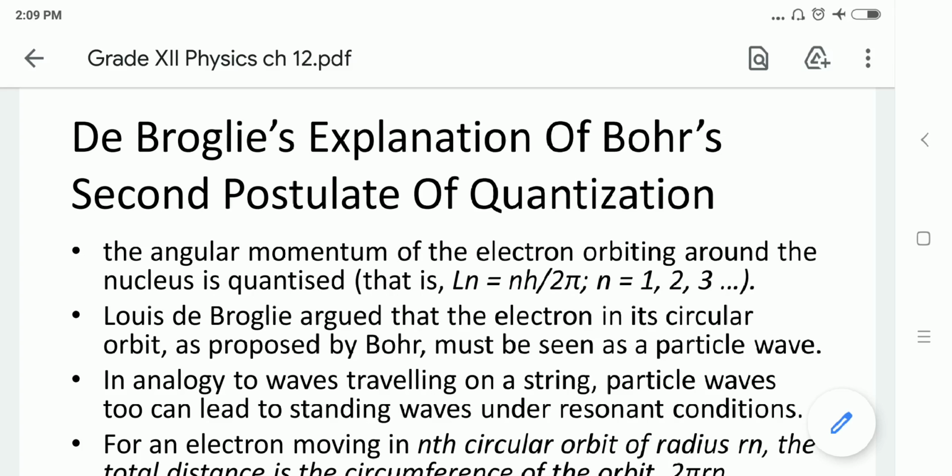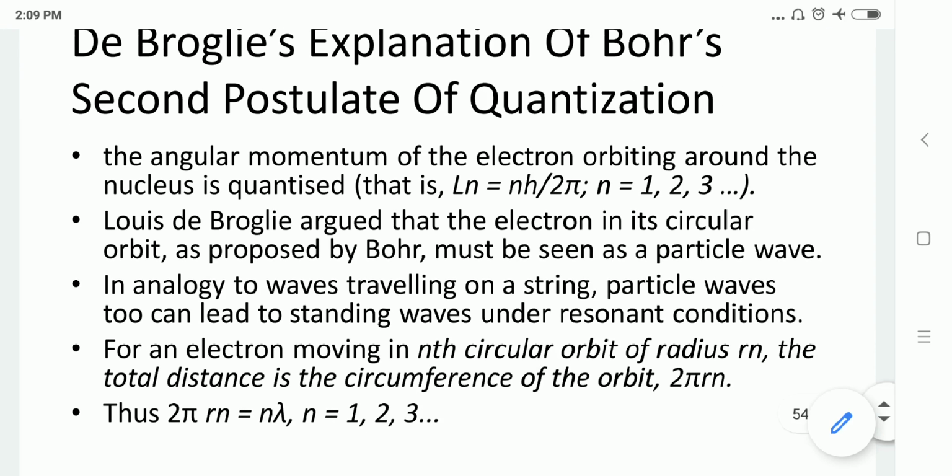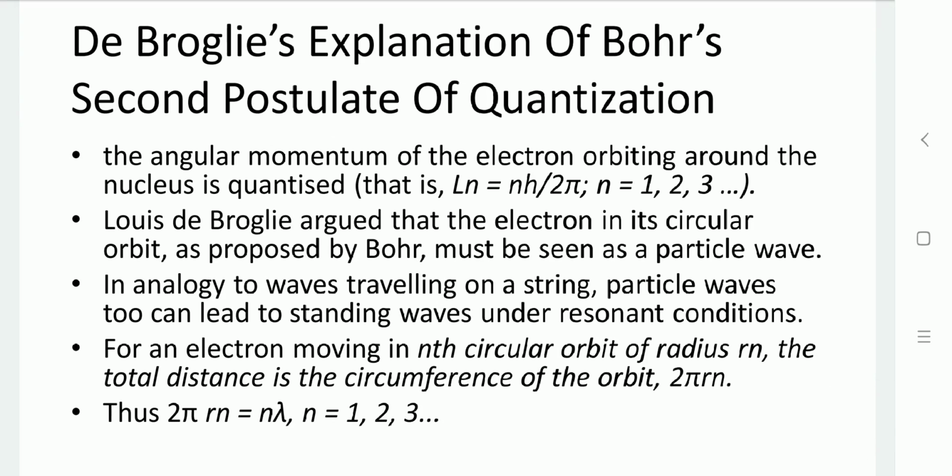So for the electron moving in the nth orbital path having a radius r_n, the total distance covered is the circumference, that is 2πr_n. So 2πr_n equals nλ, where n is 1, 2 and 3.